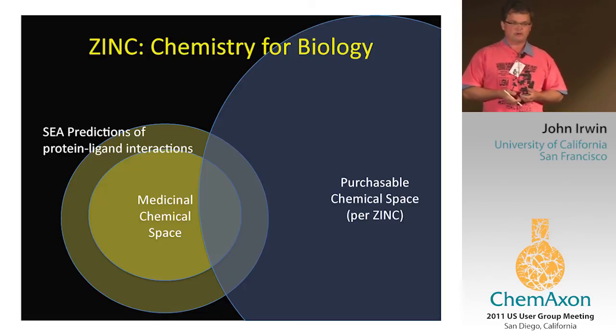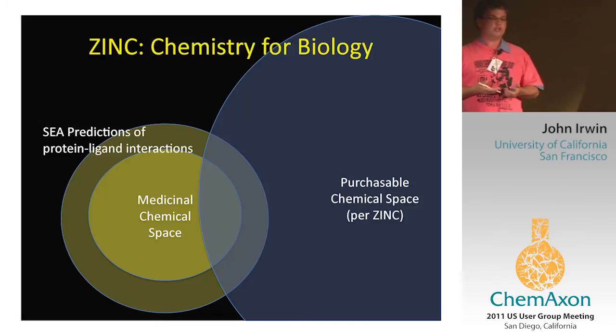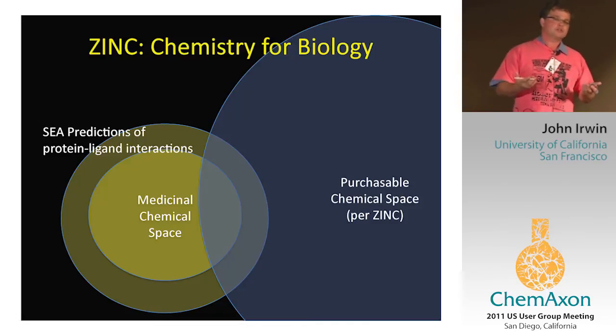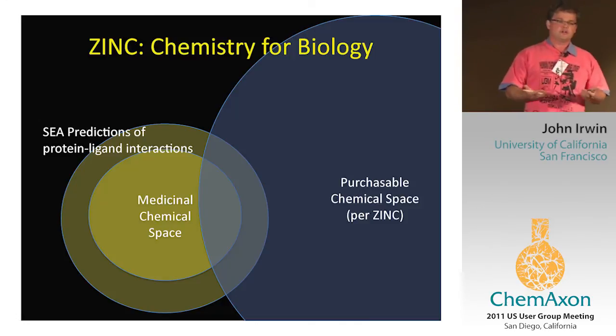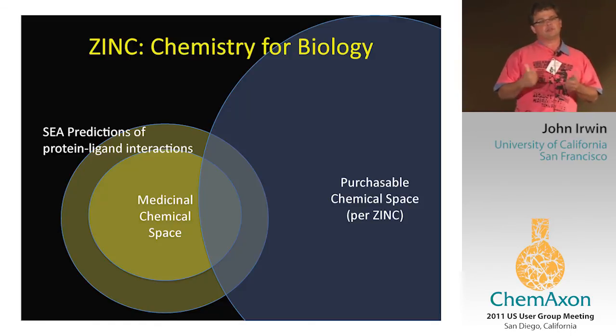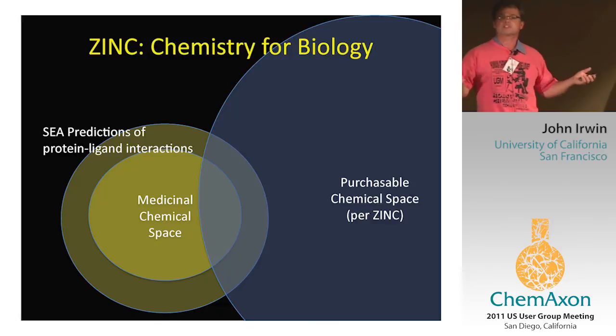It's very much part of our DNA in the lab, and we'll continue to be interested in docking. But in many cases, many of our colleagues, and ourselves included, we just want to be able to get our hands on small molecules we can buy. And so we've developed a new interface of ZINC that makes it really, really easy just to intersect MedChem space with purchasable space. And we've implemented one system of predictions, which is our own.